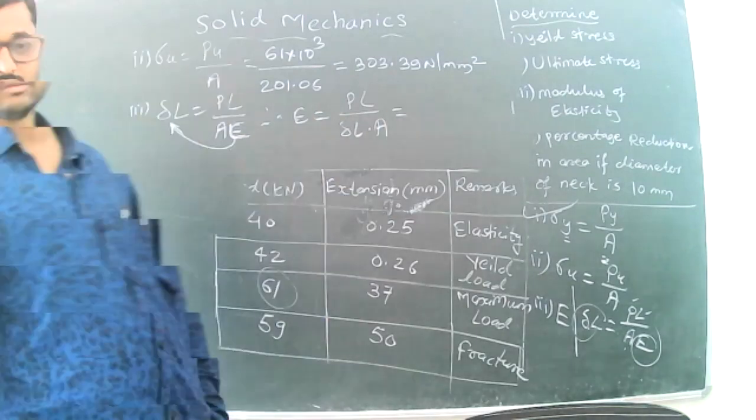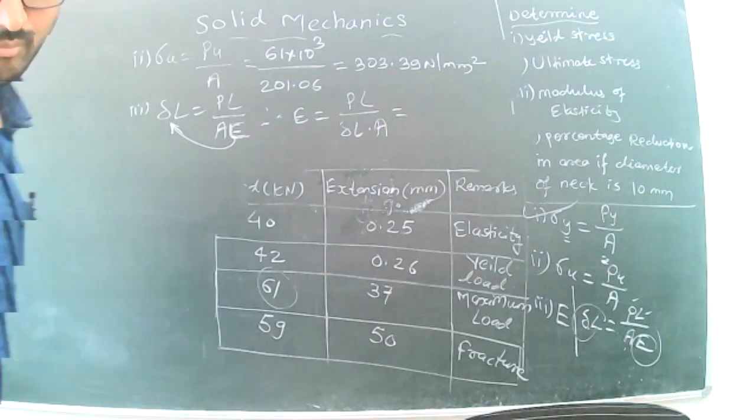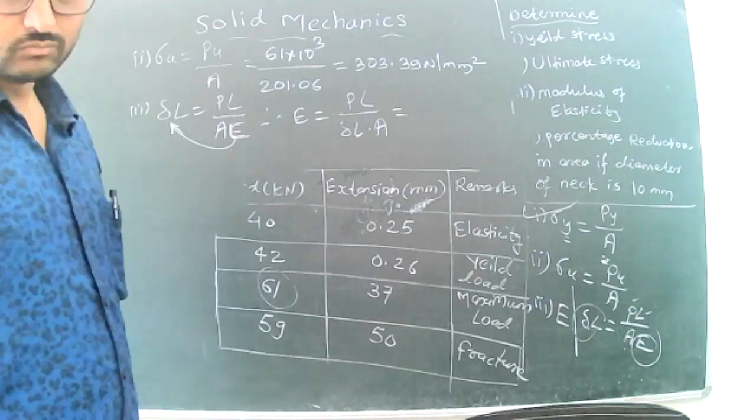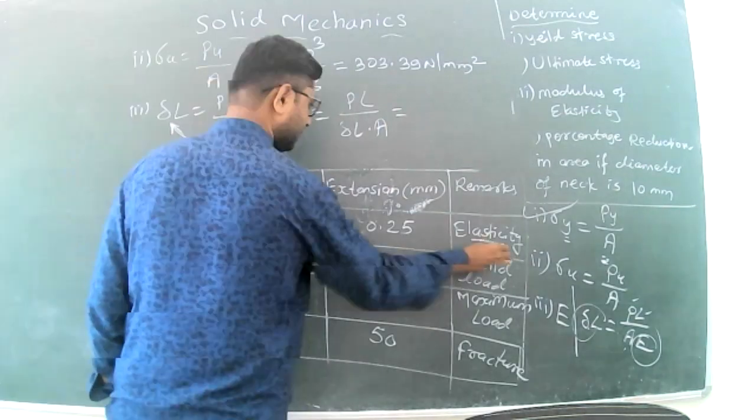Here P is the load applied, which is 40 for this property.